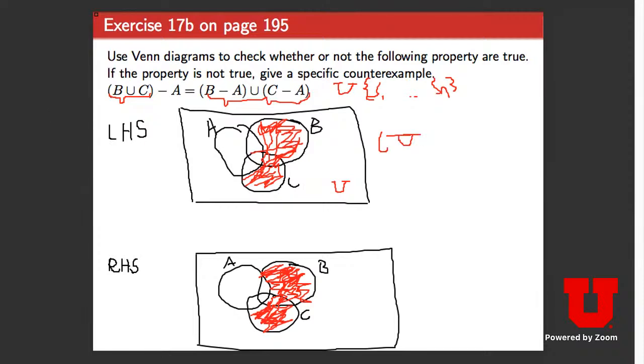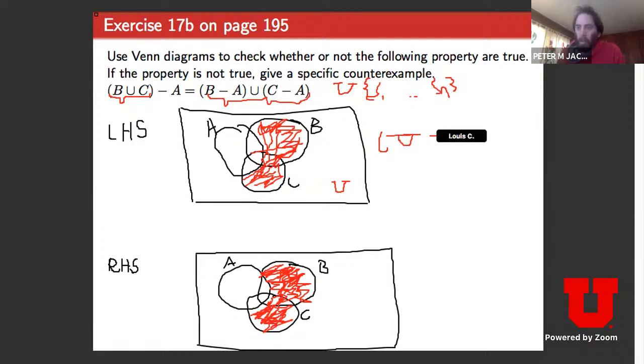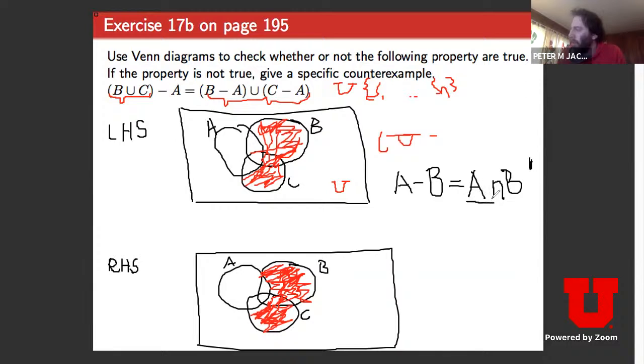So that's a good question. If we include a universe, then a standard fact in general is that A minus B is A intersection B prime, B complement. And so this is what we would fill in.